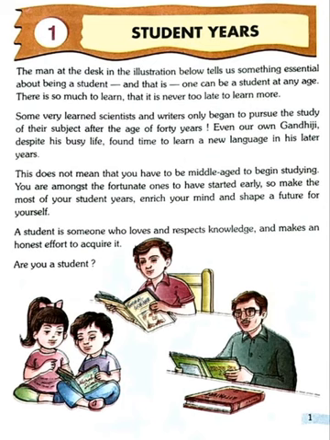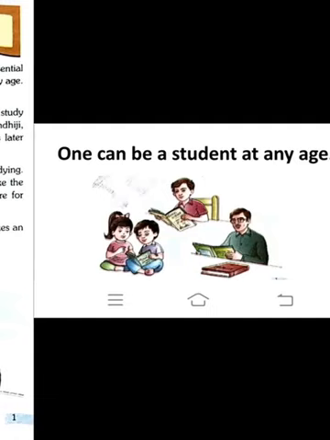Students, as you can see in the picture below, what can you understand by seeing these pictures? Now, can you see a small boy and a girl studying? And next, a young boy is studying and an old man is studying.